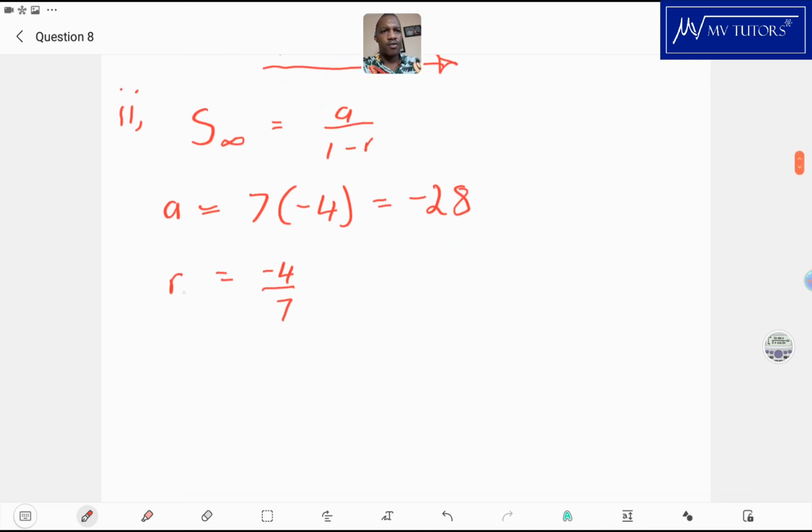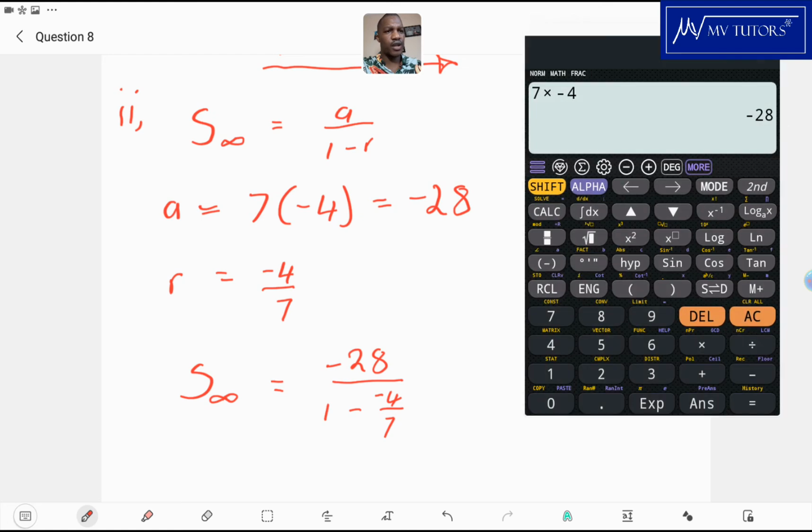Okay, we have a and we have r. We can go ahead and substitute there. Sum to infinity: a is minus 28 over 1 minus minus 4/7. Let's put that in the calculator real quick. We've got a fraction there, minus 28.